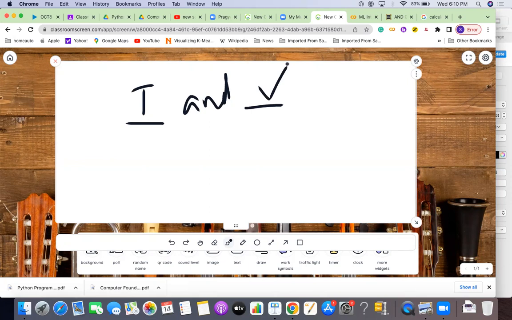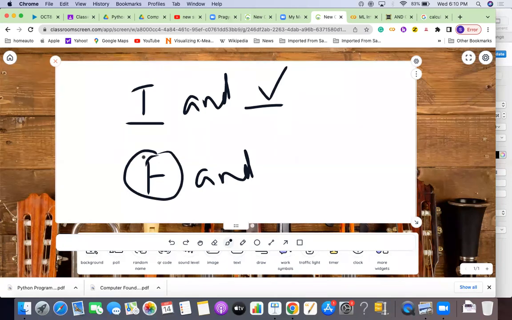Yes or no? Yes, sir. If the first element is false, it doesn't go further, it is only false, correct? Yes, sir. That is how it will display the result.